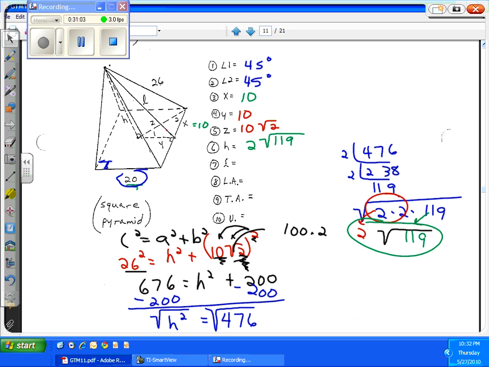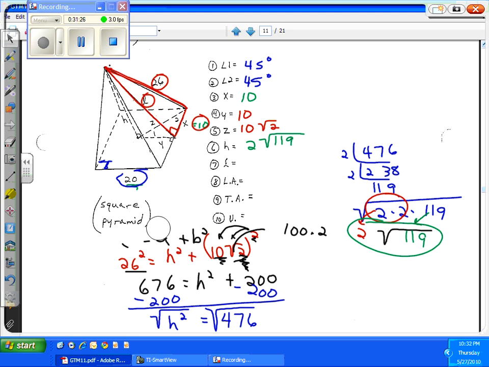The slant height is perpendicular here. I'm going to use the triangle formed by the slant height, half a side, and that edge. That gives me two sides, 26 and 10, and I'm looking for the third side, slant height.